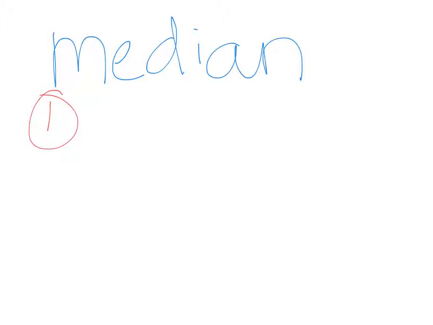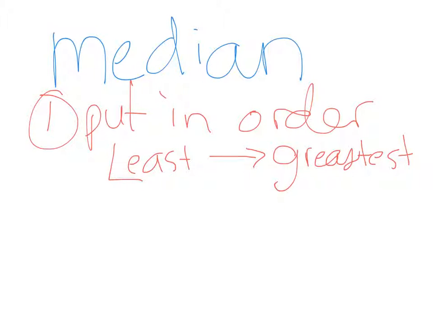The median requires 2 steps. It's finding the middle of data, but it requires 2 steps. Number 1, we need to put the numbers in order from least to greatest. Then number 2, we need to find the middle number.